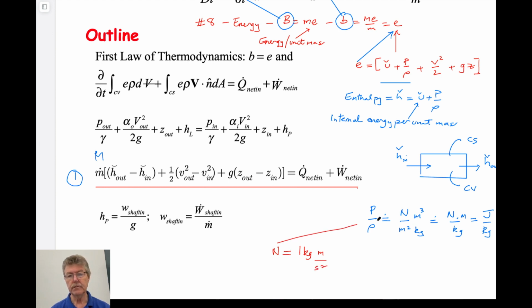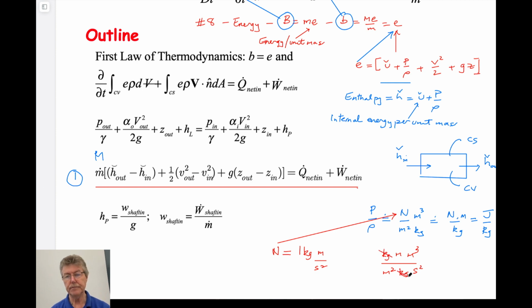So we could also throw this into here, and we'd find out that if we substitute that, we have kilograms, meters, meters cubed, divided by meters squared, kilograms, and seconds squared. And hopefully some of these cancel out.